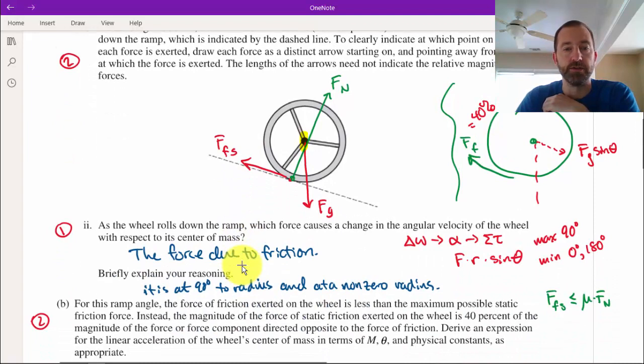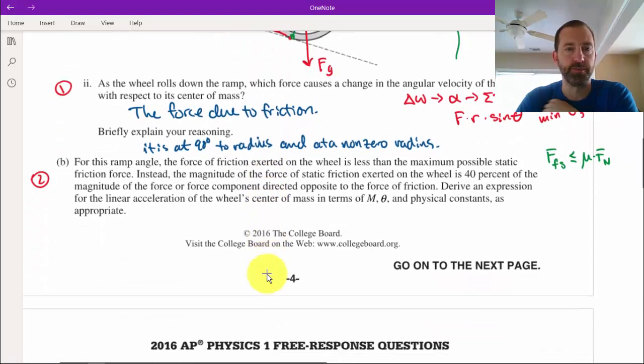For A2, it was only worth 1 point, and it was for correctly identifying the force of friction and having an explanation that's logically consistent with that. So without an explanation, I think you didn't get the point. But if you said friction and you gave some sort of logical explanation, you got the point there. So that's 3 points total.